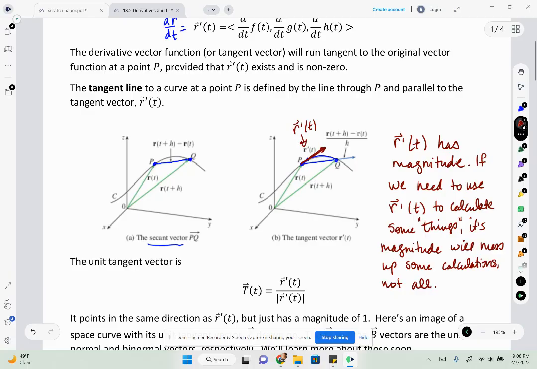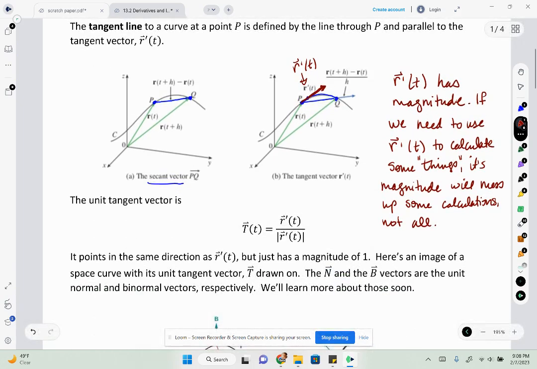But it's something to consider. It doesn't mean we just avoid taking the derivative or using a tangent vector. It means that maybe we should look at a unit tangent vector.